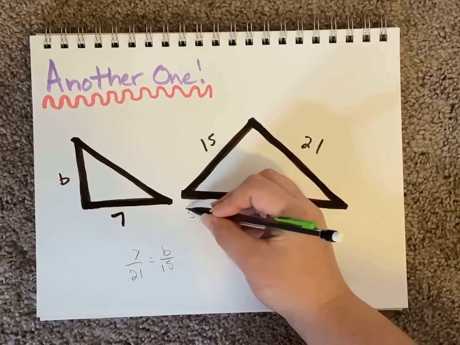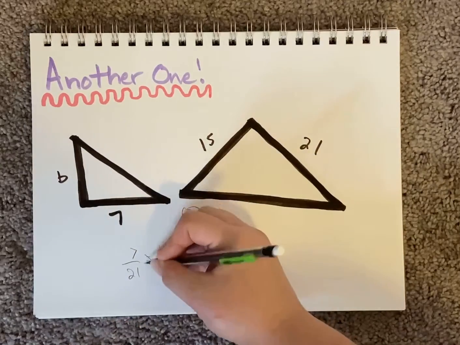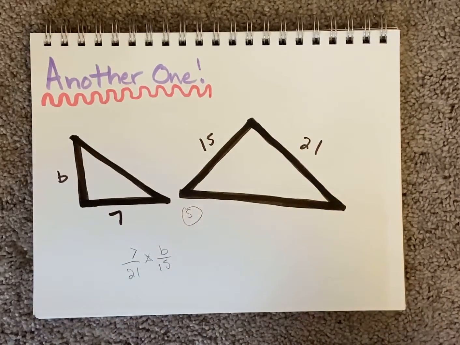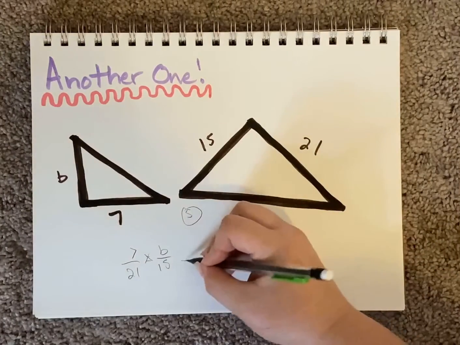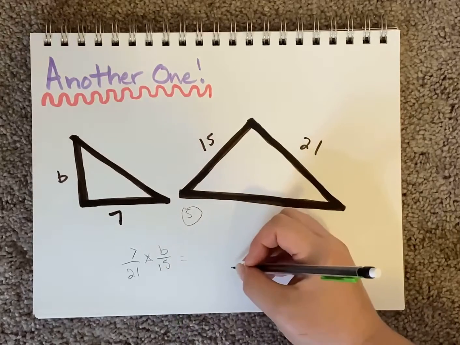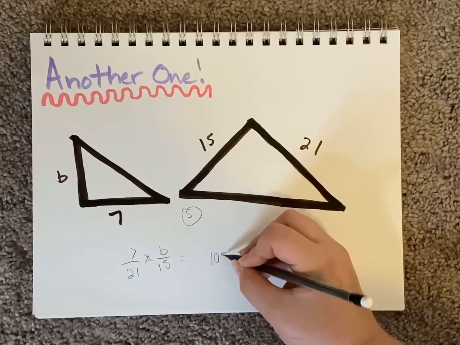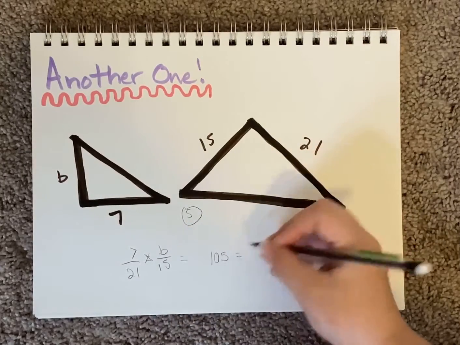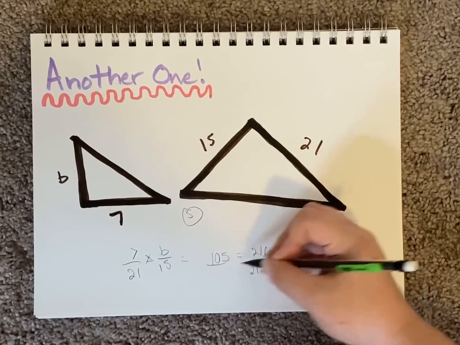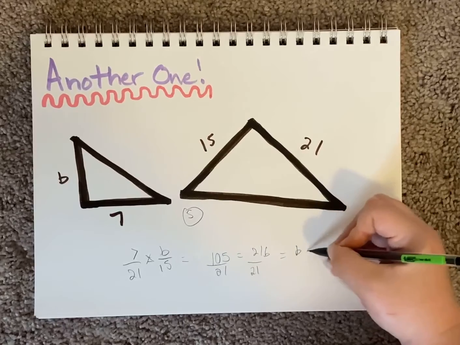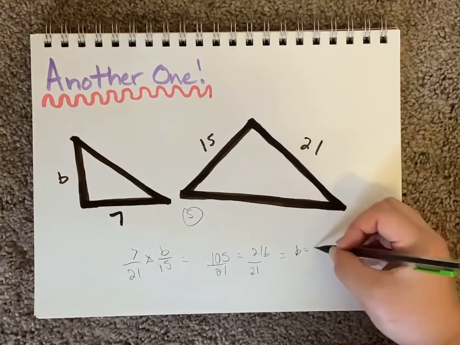So, to test this theory, instead of using inductive reasoning, we're going to go ahead and do the cross multiplication. So 7 times 15 would equal 105, and 21 times B would be 21B, and if we divide both sides by 21, B would be equal to 5.